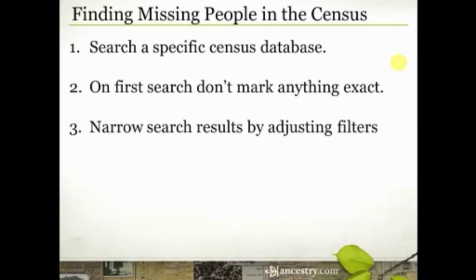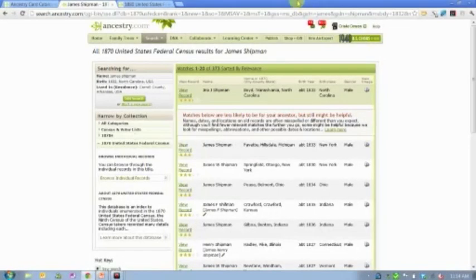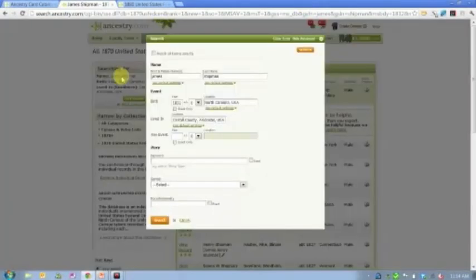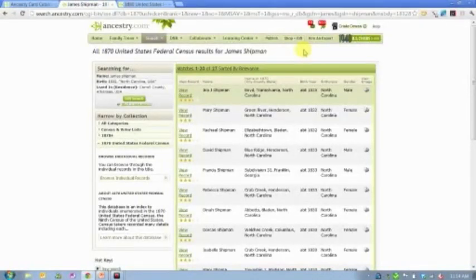From there, I can narrow my search results by adjusting my filters. I can start then playing with this exact versus unexact. So for example, if I know he was born in North Carolina and I'm fairly certain that that's going to be recorded that way, maybe I'll just mark that one piece of information exact, and now I go from 300 some odd search results to 27, and I can look through that list.